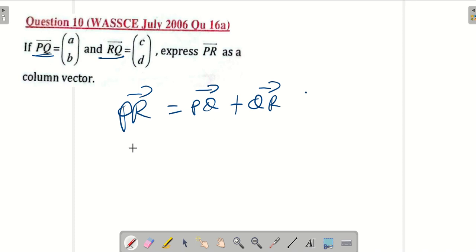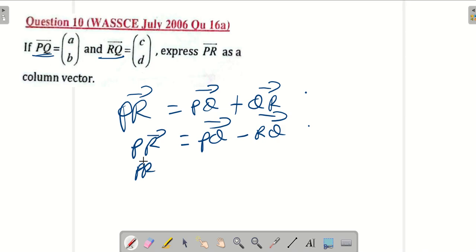Or we can say that PR should be equal to PQ, because we have PQ there, then minus what? So QR is the same as negative RQ. So you have this, then you do the substitution. So PR should be equal to PQ, which is (A, B), minus RQ, which is (C, D).